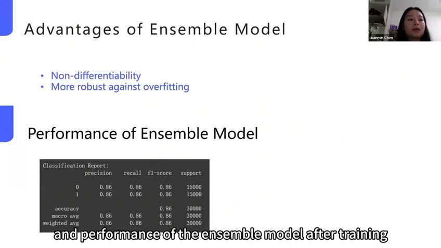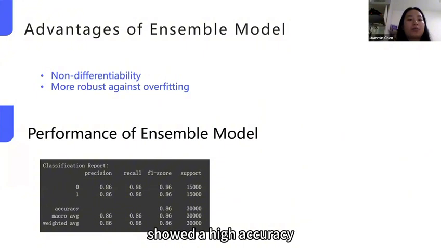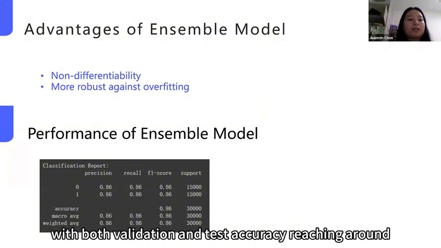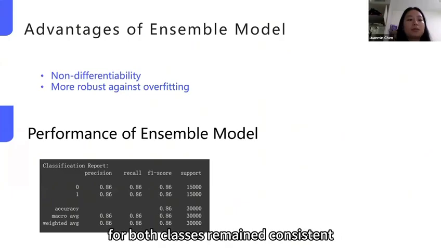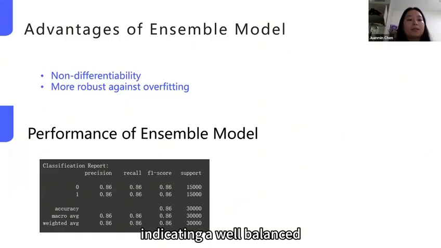And the performance of our ensemble model after training showed a high accuracy, with both validation and test accuracy reaching around 86%. The precision, recall, and F1 score for both classes remain consistent, indicating a well-balanced performance across both categories.